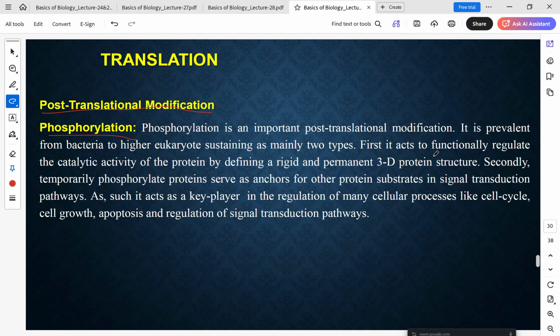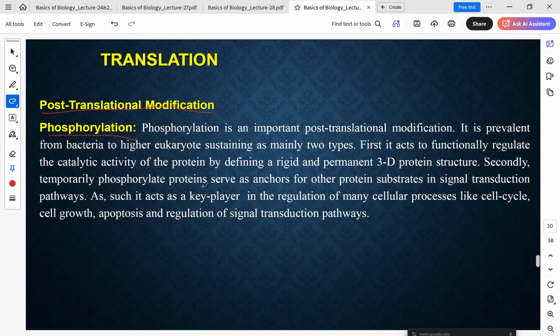A phosphorylated form might be more active than a non-phosphorylated form. This phosphorylation might be a very long-lived process or a short-lived process. Mostly phosphorylation acts as a switch between an active and inactive form to enable the signaling pathway.